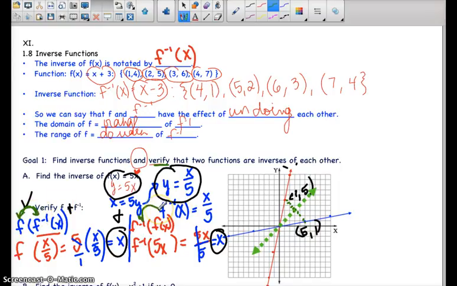Both should reduce to x. If both reduce to x, you have inverses. If they do not both reduce to x, there is no inverse between those two functions. Also, you should be able to sketch the graph of each function, and they should be symmetrical across the line y equals x.